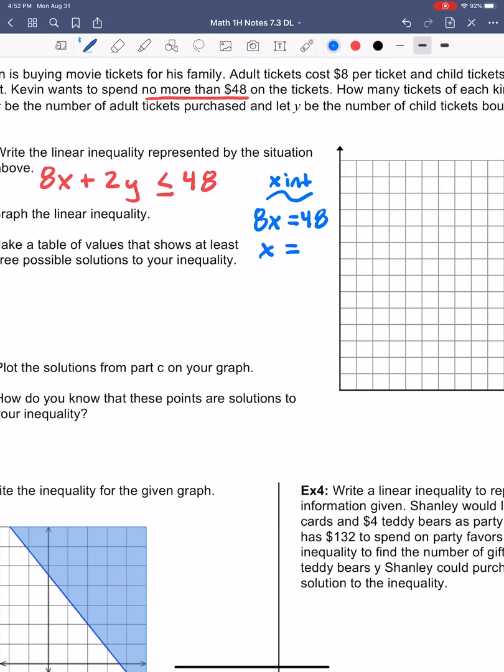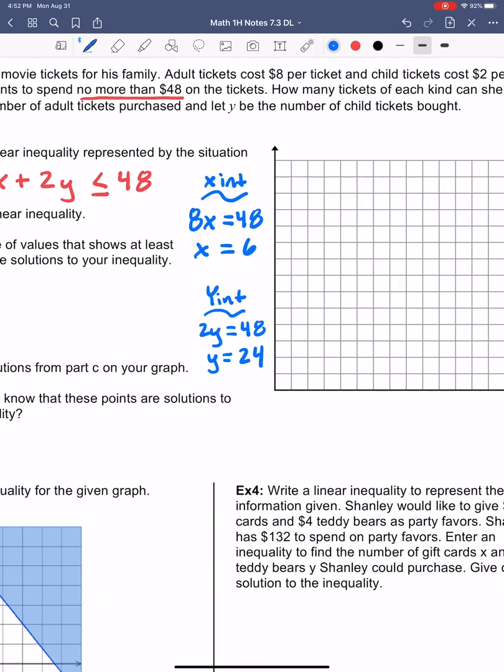Divide both sides by 8, and we end up with x equals 6. And then for the y-intercept, we're going to end up with 2y equals 48, and divide both sides by 2, and I get y equals 24. Okay, and so I have these intercepts at 24 and at 6.